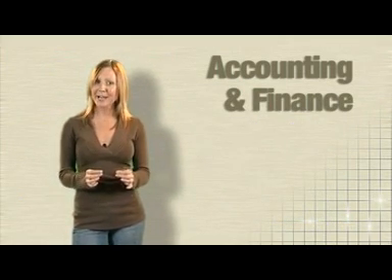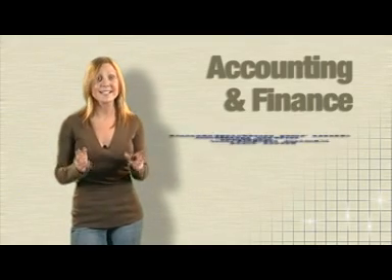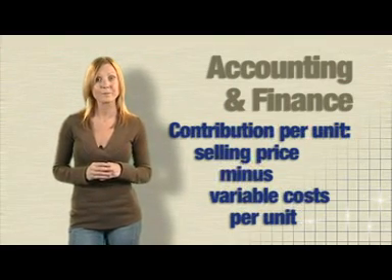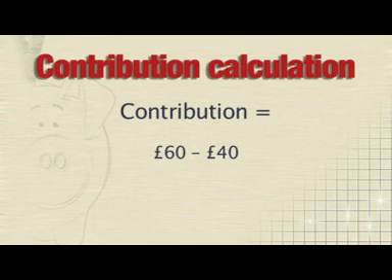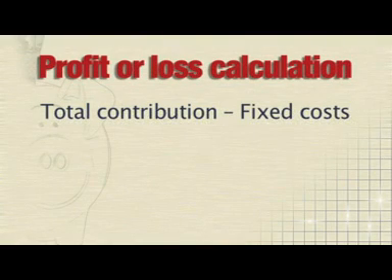First, let's work out the contribution per unit. The formula is selling price minus variable costs per unit. This would give us £60 minus £40, which equals £20. Right, let's work out what the profit or loss would be at 1,500 units. The calculation is total contribution minus fixed costs.